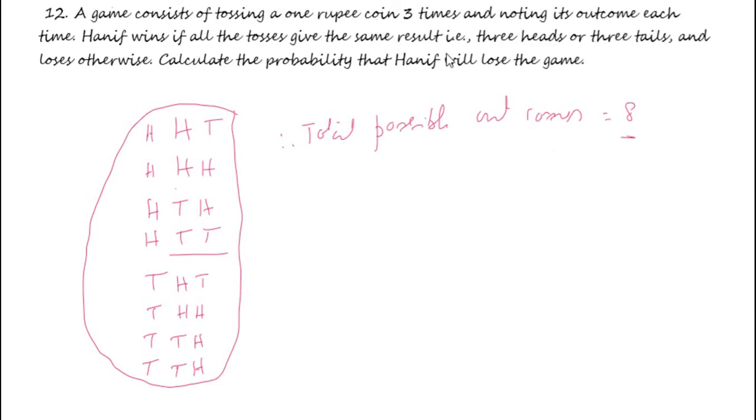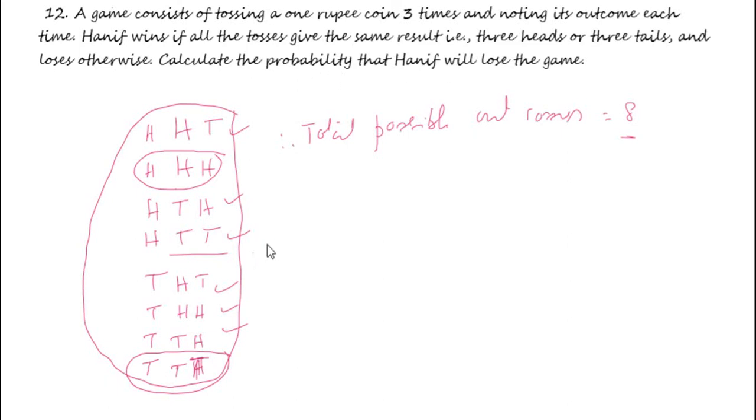Now he wins if he gets 3 heads, or, I copied wrong, TTT, if he gets all 3 tails. In all the other cases he loses. So it's 1, 2, 3, 4, 5, 6. In all these cases he loses. We need to calculate the probability that Hanif will lose the game.